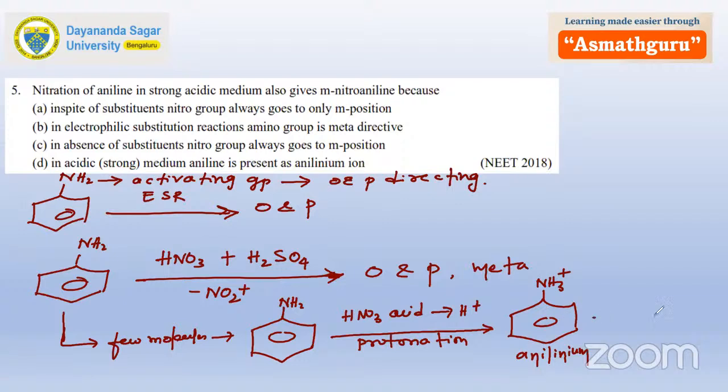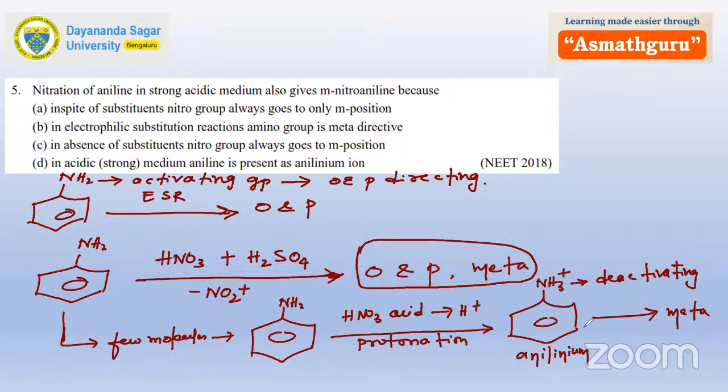And this anilinium ion is meta directing. Why? So it's a deactivating group. So only during nitration, in addition to ortho and para, sir, we also get meta. Why? Remember this protonation and formation of anilinium.